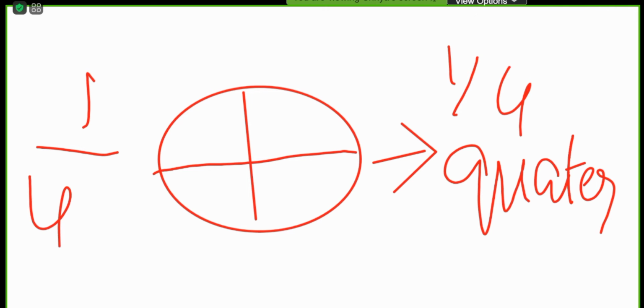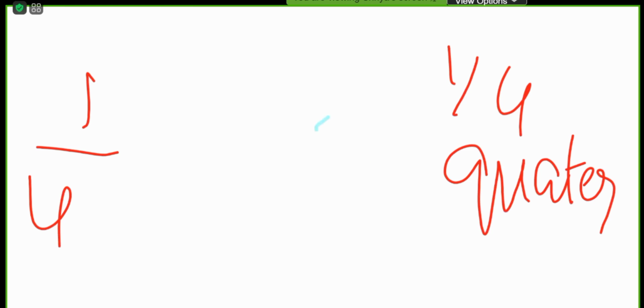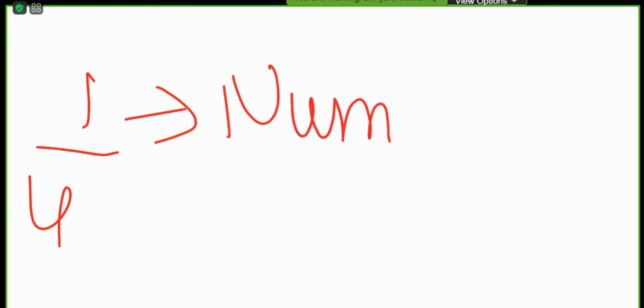Now see, the 1 and the 4, there is a dash in the middle. The number above the dash is 1, and the number below the dash is 4. The number above the dash is known as the numerator. What is it known as? Numerator.